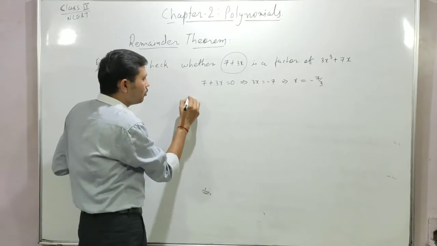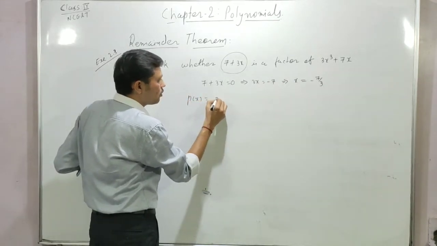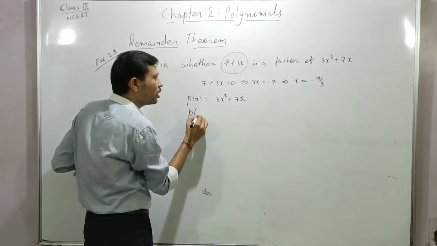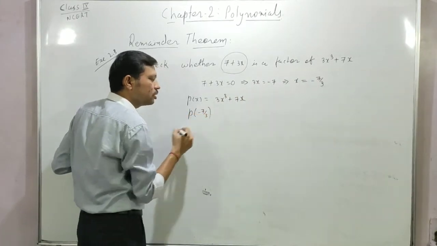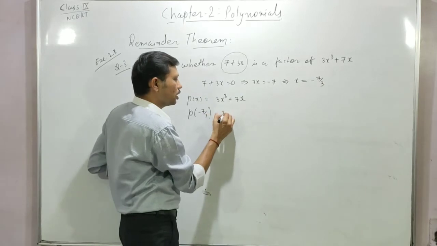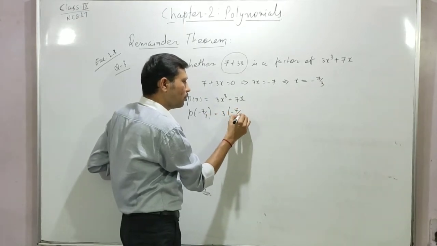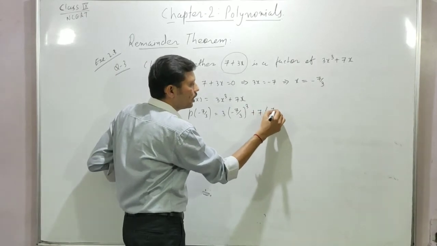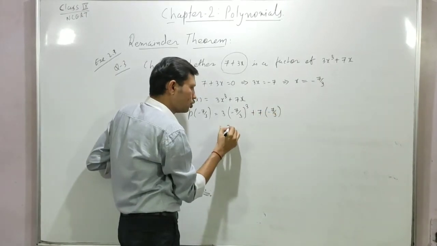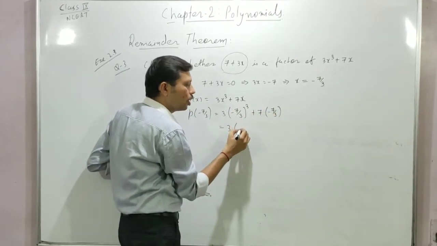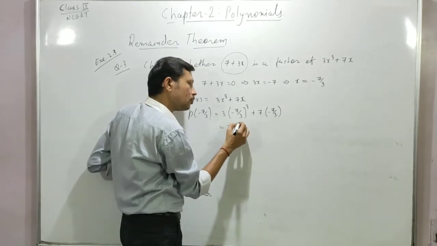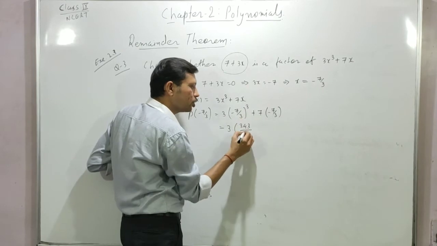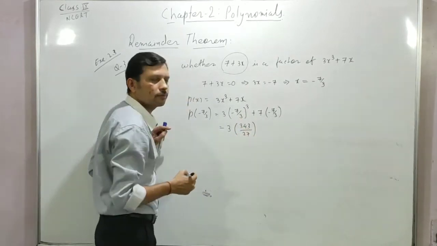Okay, so polynomial को labeling कर लेते हैं. P of x is equal to 3x cube plus 7x. As x, what are we replacing? Minus 7 by 3. That is equal to 3 as x, minus 7 by 3 the whole cube, plus 7 into minus 7 by 3. Now negative number to the odd power, answer is negative, and 7 cubed is 343, 3 cubed is 27.